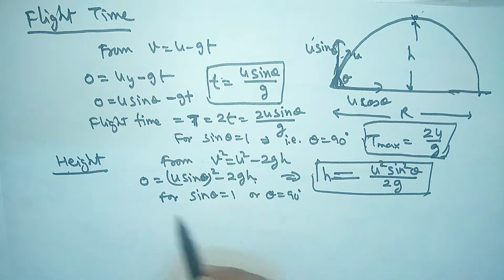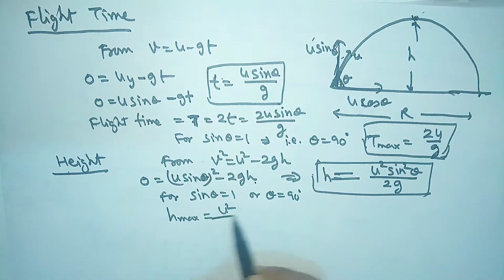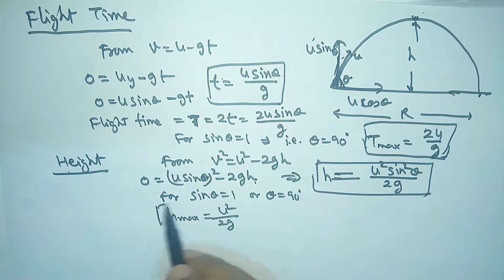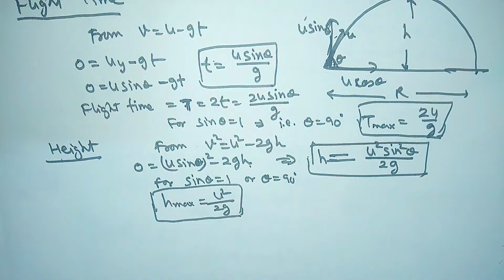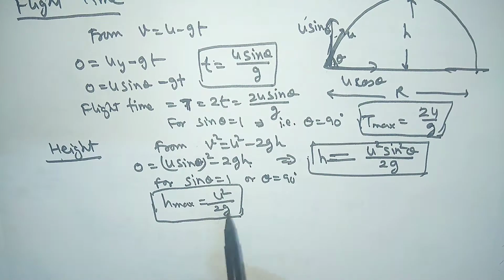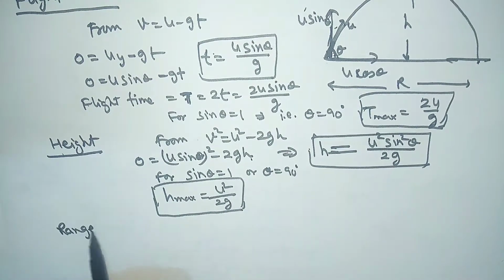So h maximum is equal to u square upon 2g. Okay, this is the formula of the maximum height. It means when we throw a body in upward direction at 90 degree, then the body will attain the maximum height.